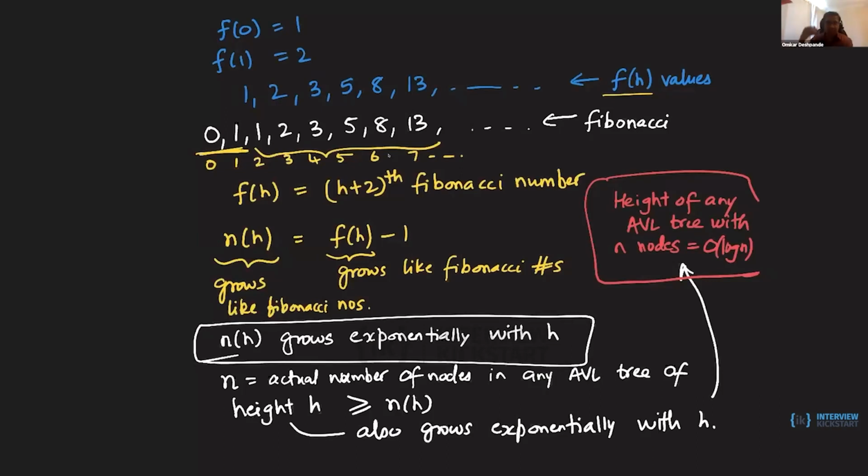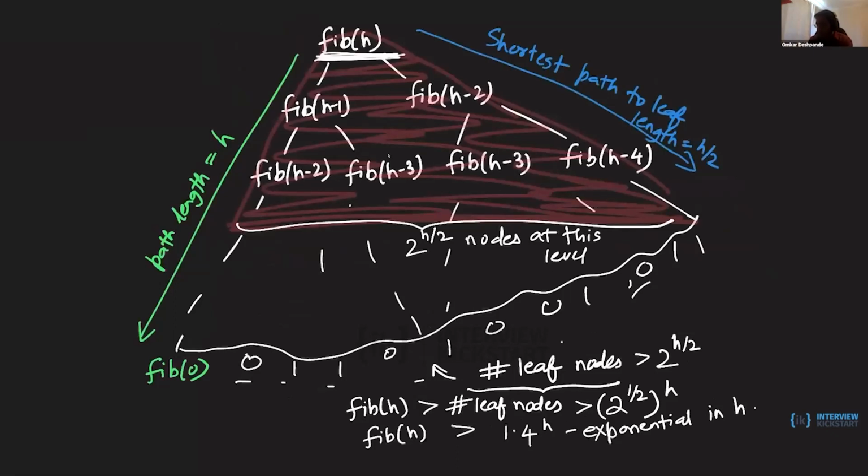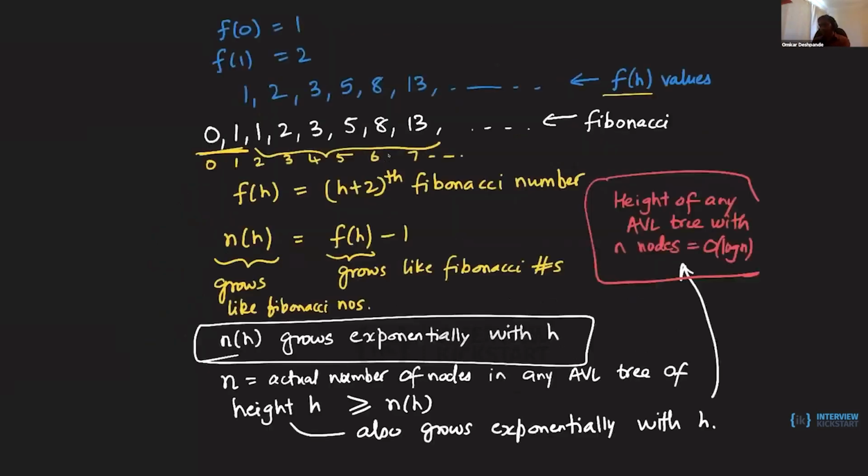We proved that n grows exponentially with h instead of proving that h grows logarithmically with n, because the two are equivalent. Proving one is equivalent to proving the other. If n is exponentially growing with h, then if you take the inverse, h is logarithmically growing with n, right?